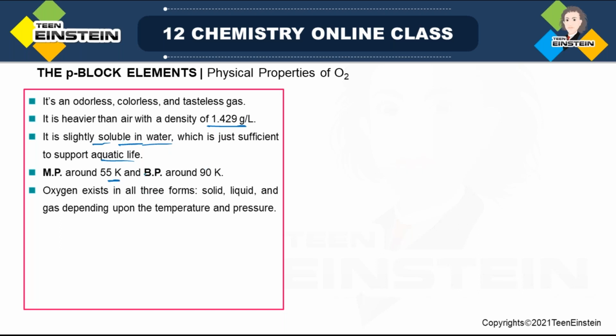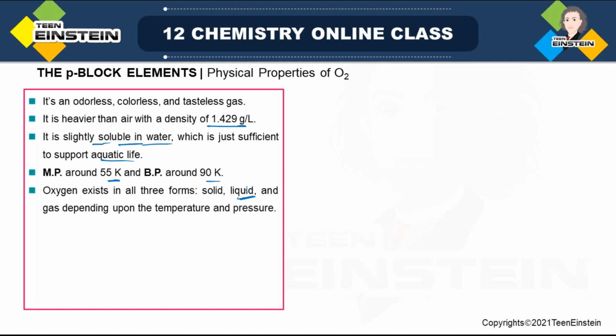Melting point, see, this is a very low value. It is in terms of Kelvin, but if you convert it to degree centigrade, it will be negative, right? Boiling point, 90 Kelvin. It can remain in all the three forms, and all these three forms are very common to us, right? Solid, liquid and gaseous oxygen.